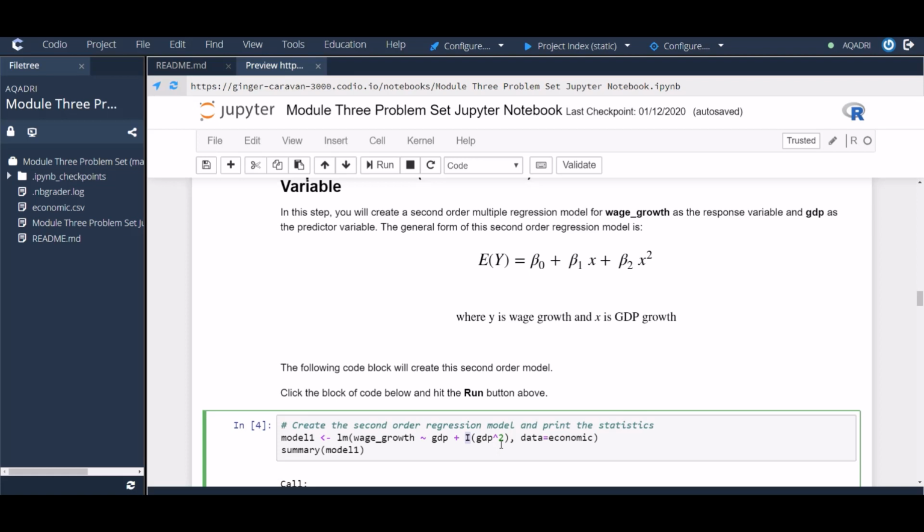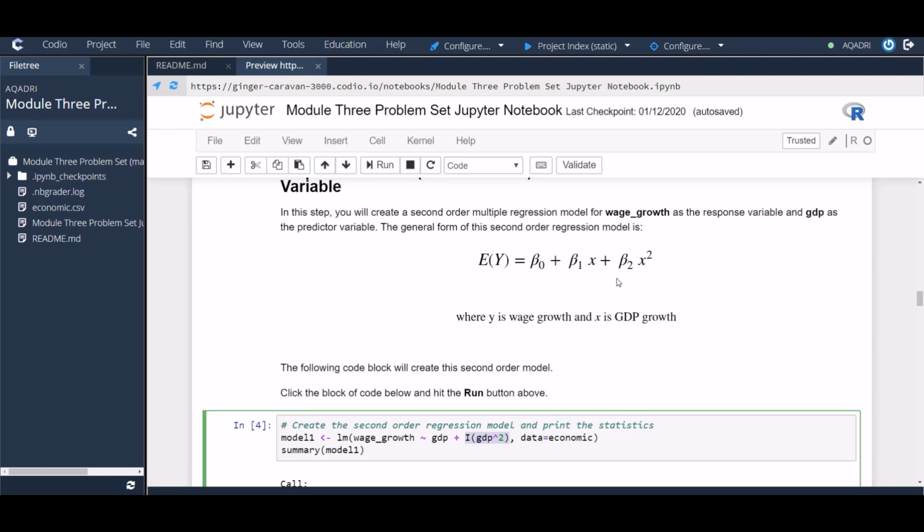Okay, so what you're telling the model here is that you want the GDP as the predictor variable, but then you also want a second order term for GDP in the model. Okay, and then this is how you are going to input this. So just be careful.